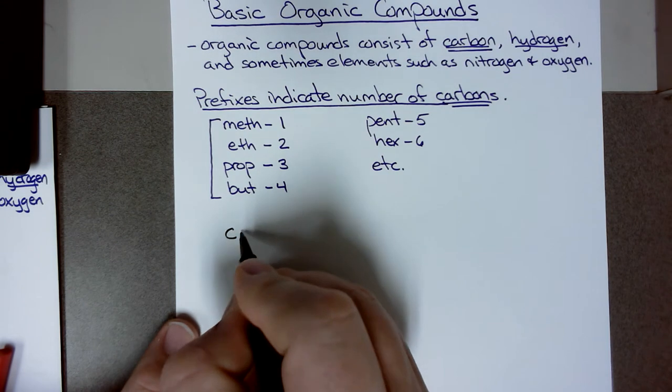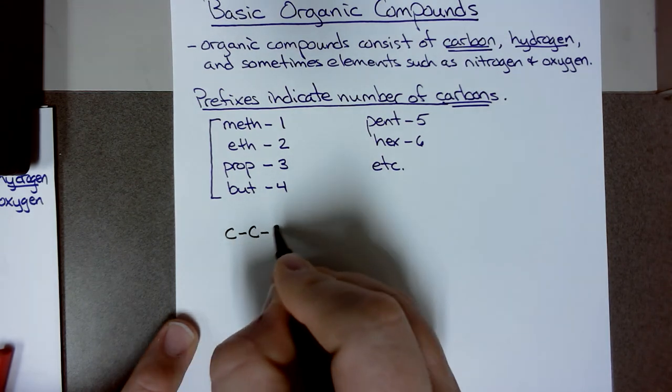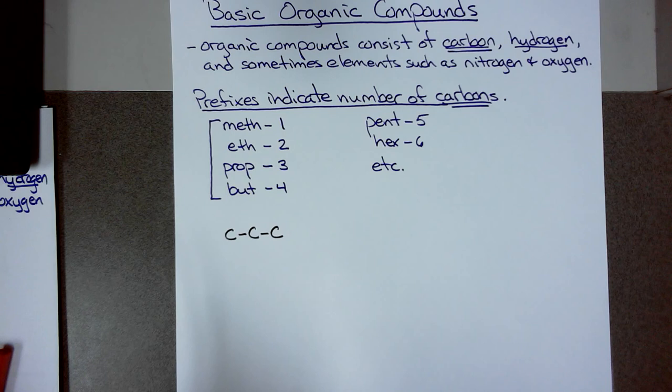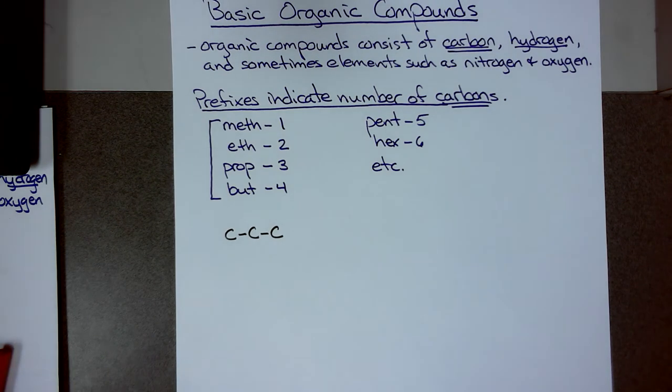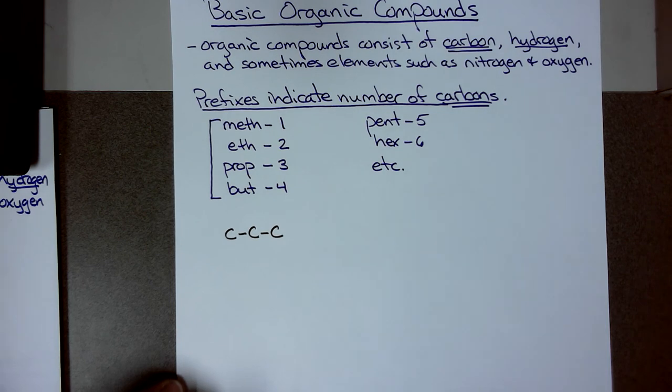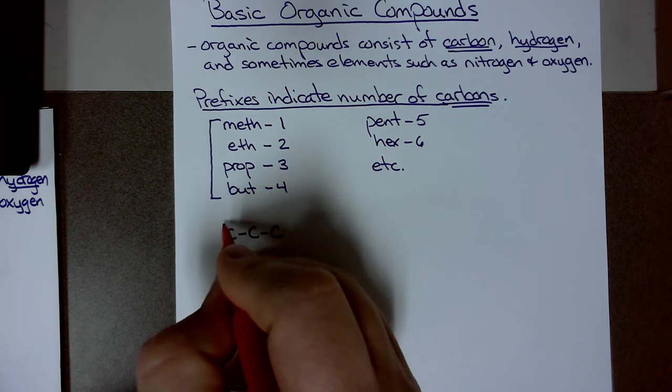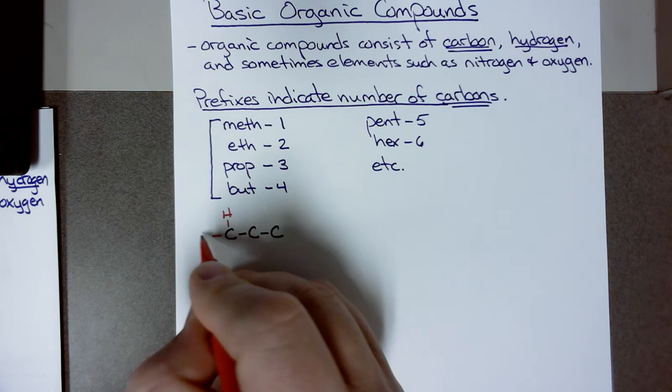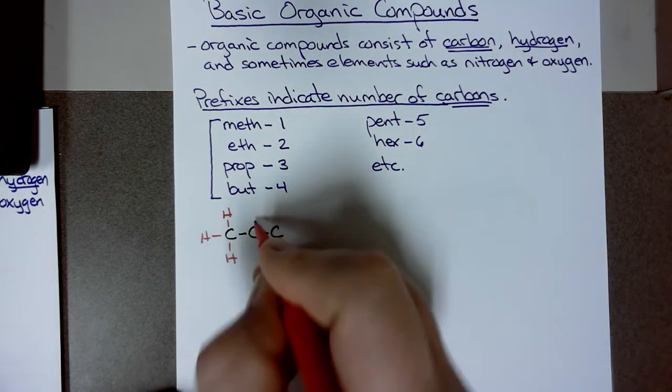So 1, 2, 3. Now they're single bonded carbons. The thing is, carbon wants 4 bonds. It will do whatever it can to get 4 bonds. So in basic organic compounds, we call them hydrocarbons. What we do is we just have hydrogens that make up the other bonds for those carbons.